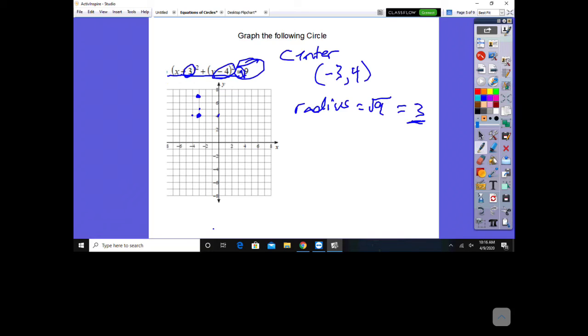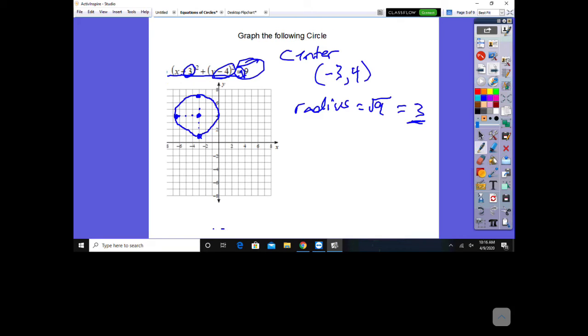Go over. 1, 2, 3, make a point. Go down. 1, 2, 3, make a point. From there, I know circles are hard to draw, but we're just going to draw our best circle that we can. It'll look something kind of like that. Not looking for perfection. Circles are not easy to draw.